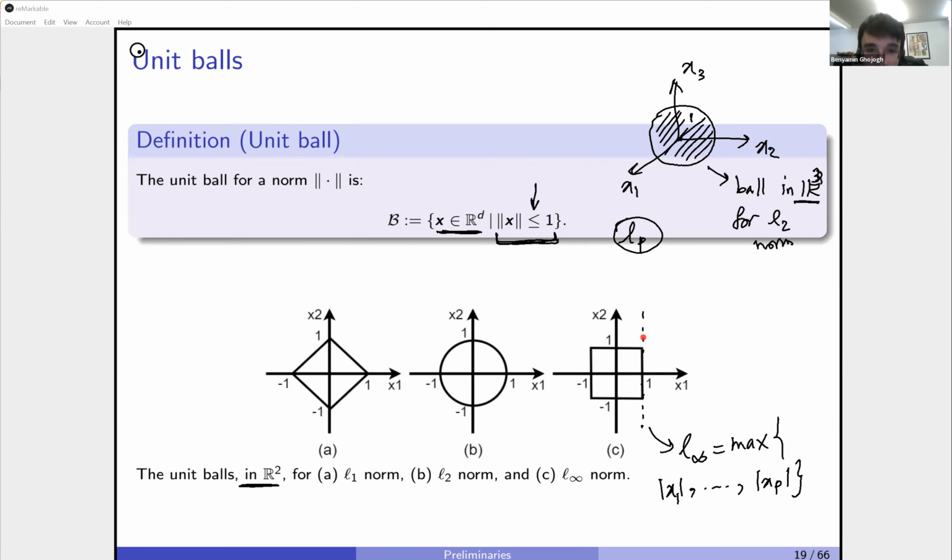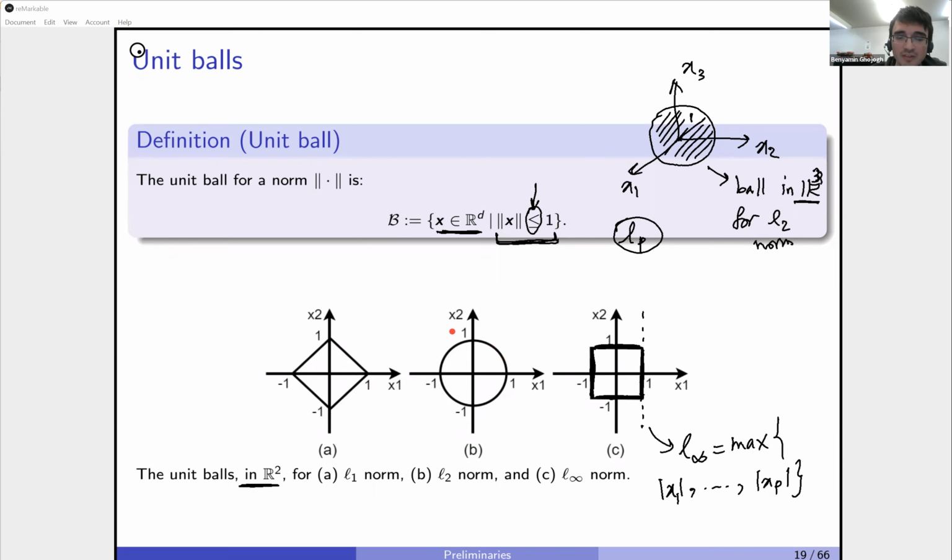If here x1 is 1 and x2 is more than 1, then the length of x will not be less than or equal to 1. So we will saturate here. And if we are here, we will saturate here. If we are here, we'll saturate at x1 equals -1 because x2 can't go further. Otherwise, this inequality will not be satisfied. Also here, you can have the same conditions for this.